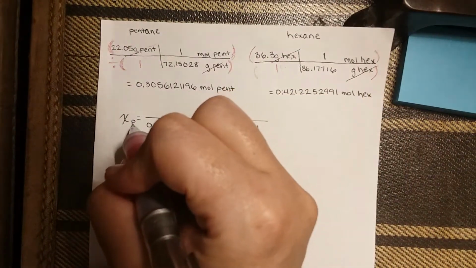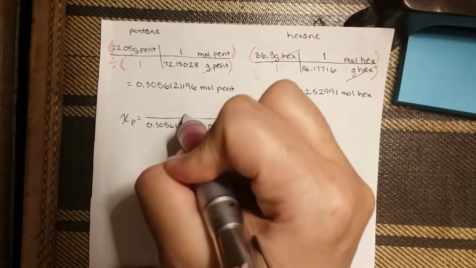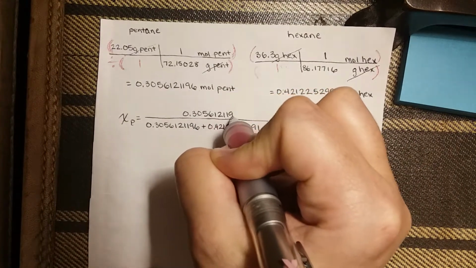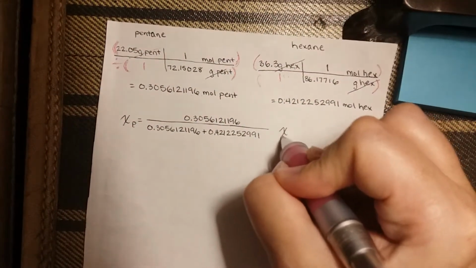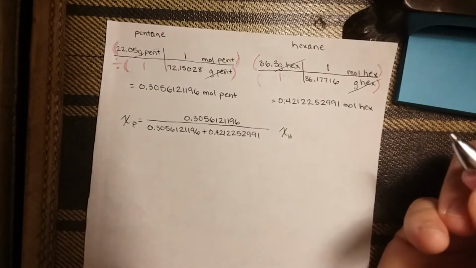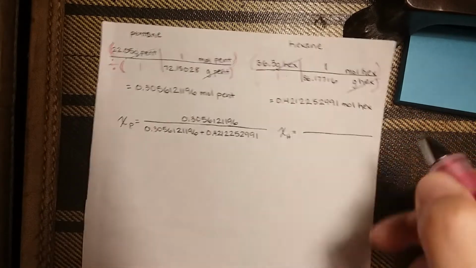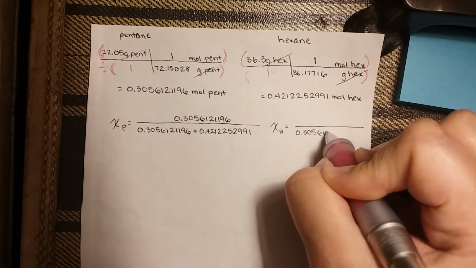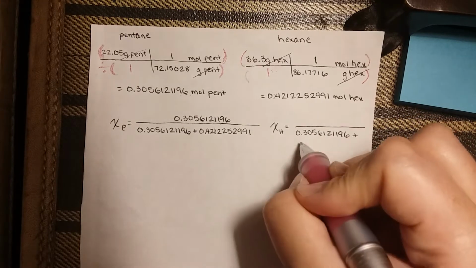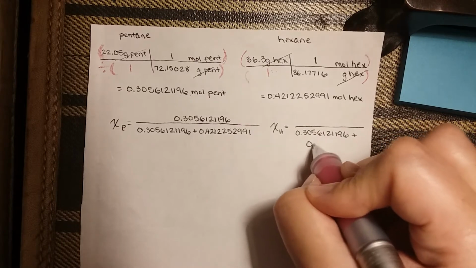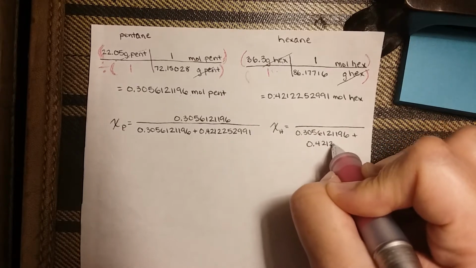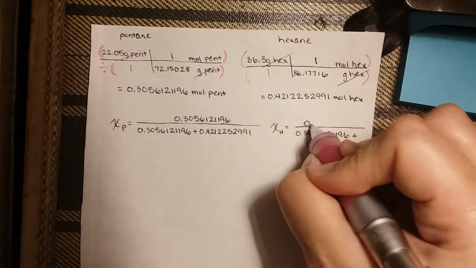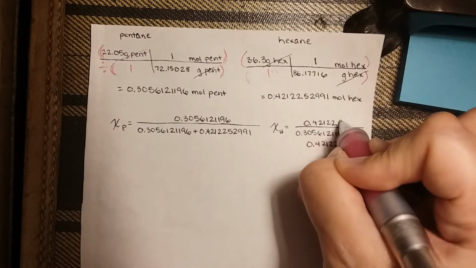And then, since we're doing the mole fraction of pentane, we're going to put pentane in the numerator. And then for hexane, we're going to do a similar deal. 0.305612196 plus, sorry, I ran out of room, so I'll put it down here, 0.42122529991. And then in the numerator here, we'll put our moles of hexane.